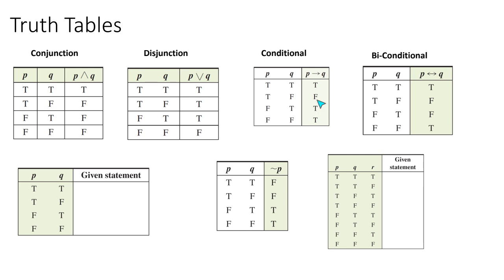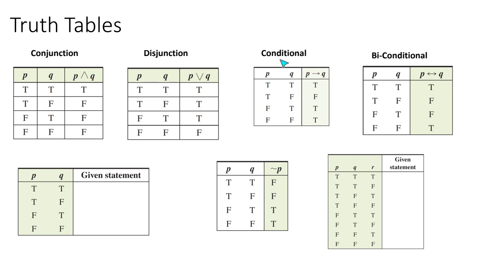I was nice enough. I gave him the car. Let's say he didn't run the laps and I didn't give him a car. I didn't break any promises, so that's still going to be true. So the conditional is only going to be false whenever the first statement P is true and your Q is false.